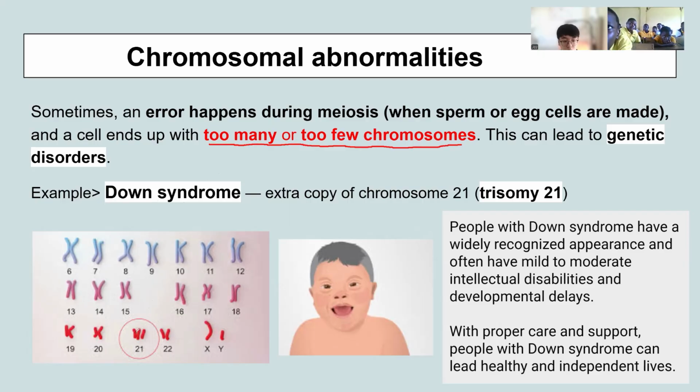So 21 is supposed to have 2 chromosomes, but you can see this has 3 chromosomes. So this is called Down syndrome. People with Down syndrome have a widely recognized appearance, and they often have mild to moderate intellectual disabilities and developmental delays. But with proper care and support, people with Down syndrome can live healthy and independent lives.